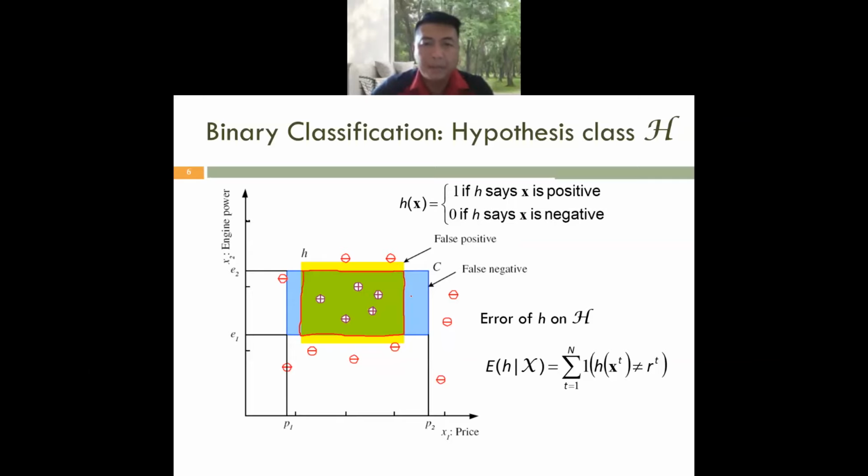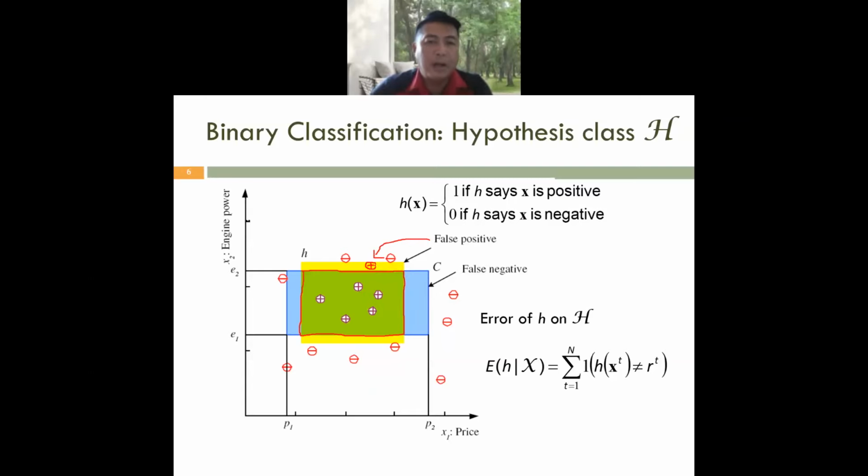But the problem is we may have some error here. Over here the hypothesis says they are positive, because they are still in the yellow box. But if we compare with the blue one, they are actually negative. That's why they call it false positive.